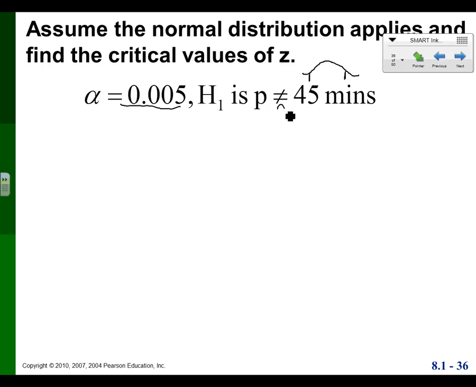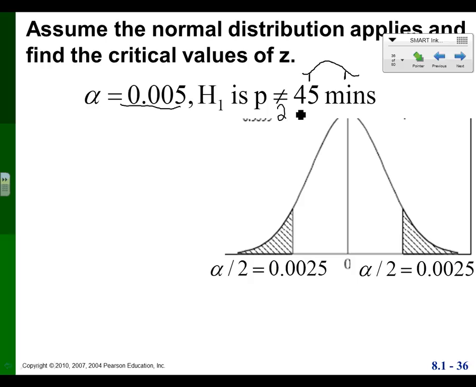So it's not equal to, I think it's a two-tailed test. Yes, it is. So here we use P equals 45 minutes as our null hypothesis.